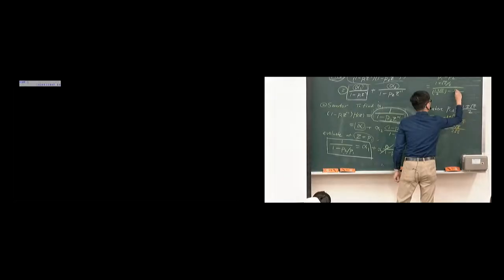What is p1? p1 is (1 plus square root of 5) divided by 2, divided by p1 minus p2.